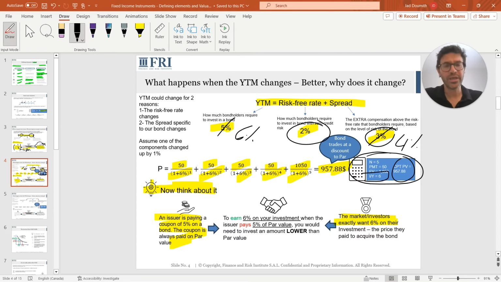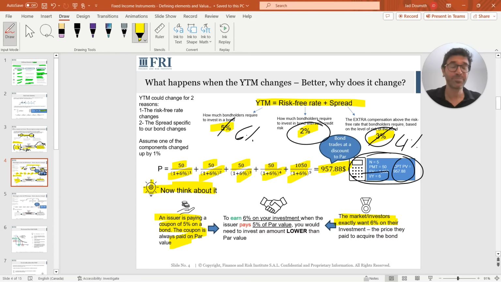What's the only way of making 6% out of an instrument that pays 5% of par? The only way to make more is to actually acquire that instrument for less than par. And this is what actually explains, beyond the mathematical reality, that when the discount rate goes up, the price goes down.